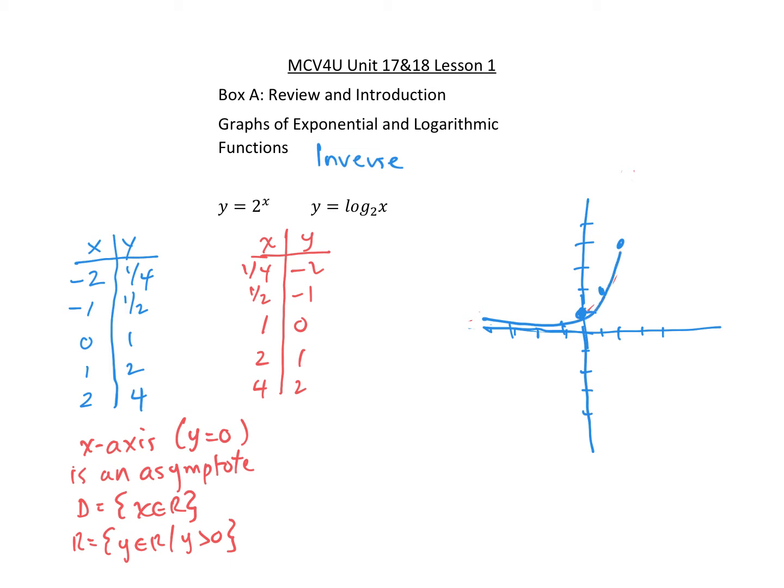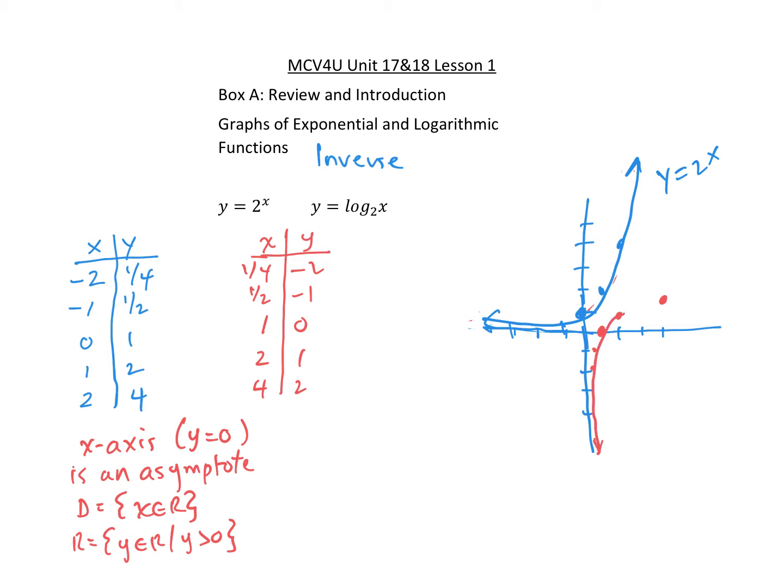So there's my y equals 2 to the x, and then we'll do the log in red. So 0, 1 became 1, 0. 1, 2 became 2, 1. And then we have 4, 2. And then on the left we have 1 half, negative 1, and 1 quarter, and so on.